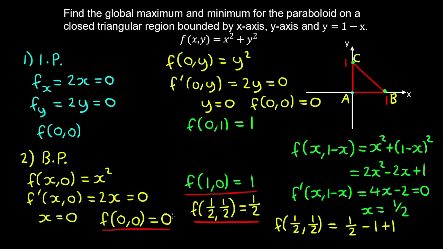So therefore our candidates are 0, 1, and a half. So our global maximum is 1, and our global minimum is 0, which occurs at x equals 0 and y equals 0.